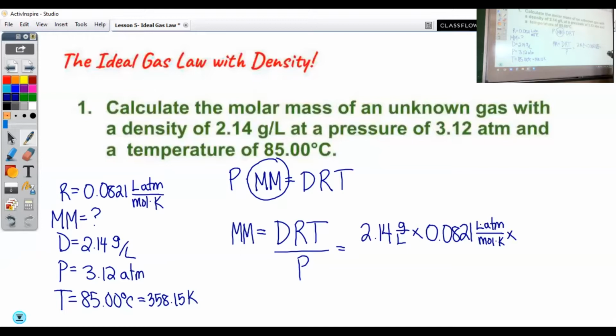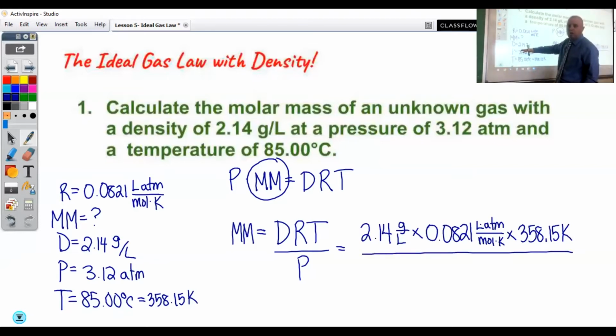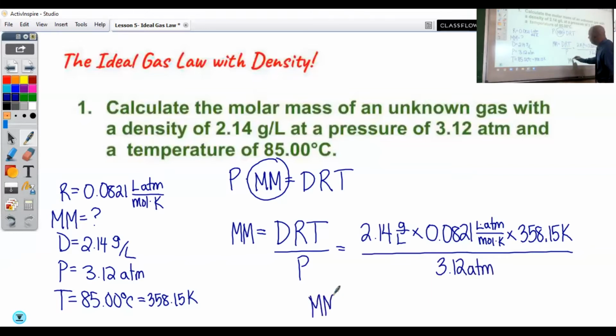And we have our temperature, which is 358.15 Kelvin. All of that is over our pressure, which is 3.12 atm, and we wind up with our molar mass.